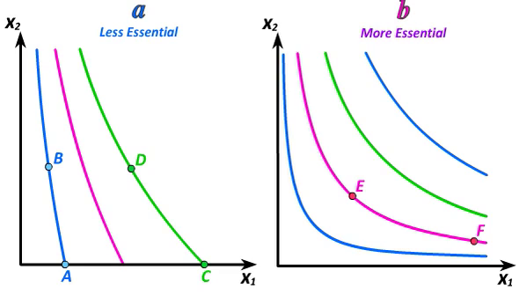In other words, good X2 was essential if the indifference curves did not cross the horizontal X1 axis. Similarly, X1 will be essential if the indifference curves do not cross the vertical X2 axis. All goods are essential for a consumer if her indifference map looks like that in panel B, where all the indifference curves converge to the axes but never touch them.